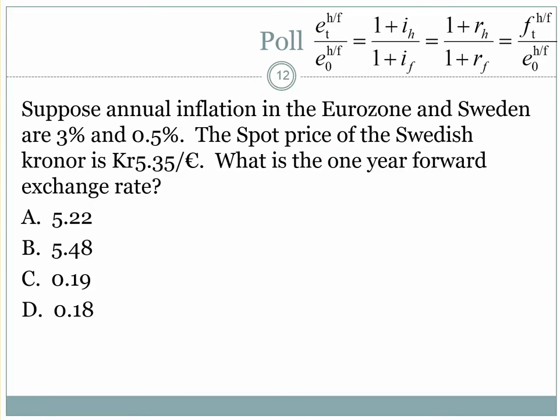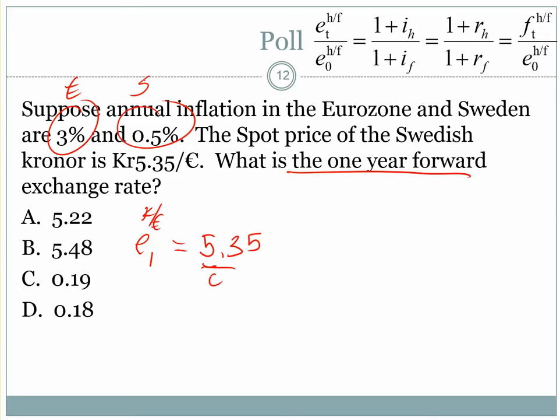There's another problem. Suppose annual inflation in the Eurozone and Sweden are 3% in the Eurozone, 0.5% for Sweden. The spot price of the krona is 5.35 crown per euro. What's the 1-year forward exchange rate? So we're going to forecast the 1-year exchange rate, crown per euro. It's going to be equal to the spot price, crown per euro, times Swedish crown over euro inflation rates.